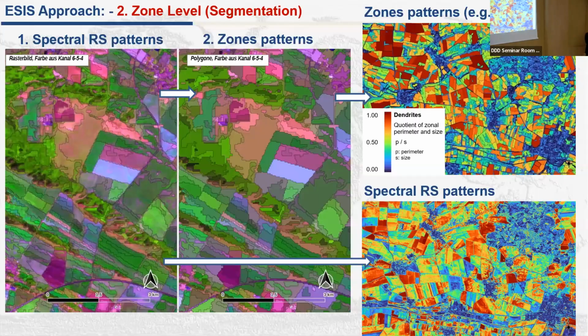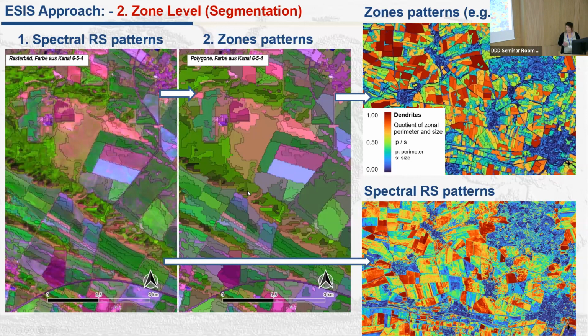Another example is that in the first slides I showed you the level of raster data, and here we have the second approach, that is to quantify the zone level. That means in the left picture you see the spectral remote sensing patterns, and overlaid on that we quantify the zone patterns.